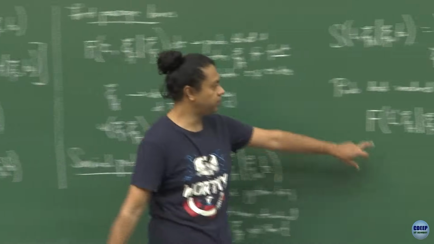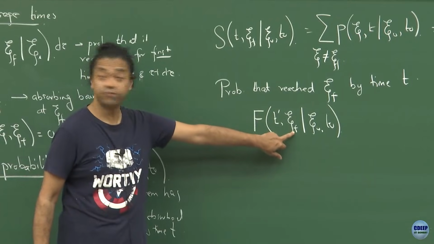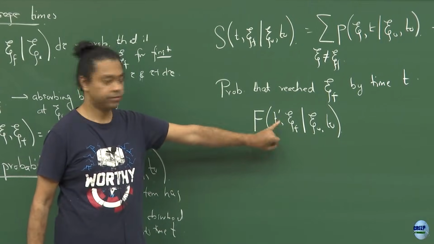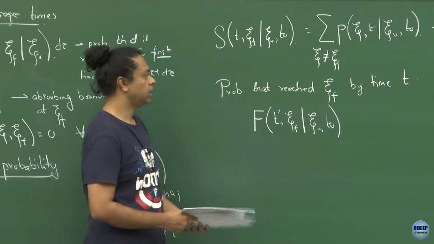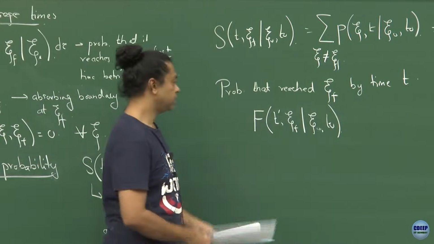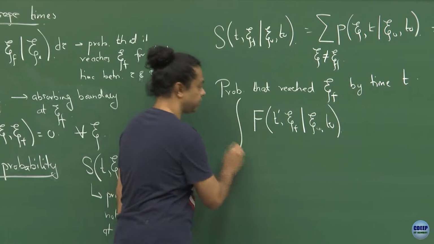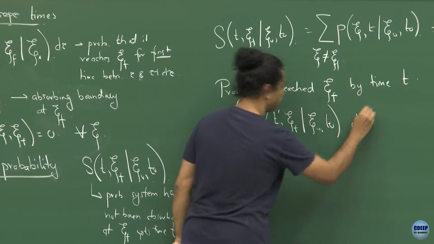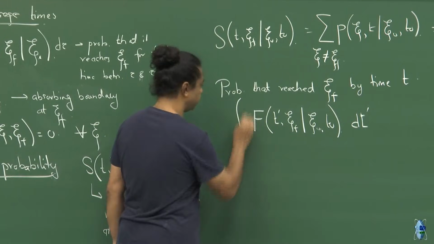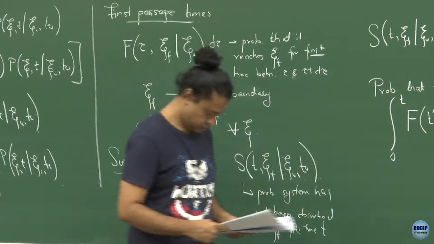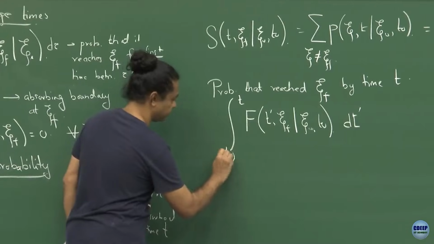So, this is the probability that I have reached xi f for the first time at time t prime, okay, having started from here. I want to know the probability that I have reached xi f by time t. Then what I would need to do is take this first passage and integrate over all of these t primes from t naught to t.